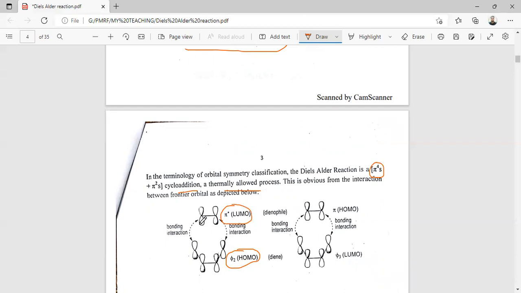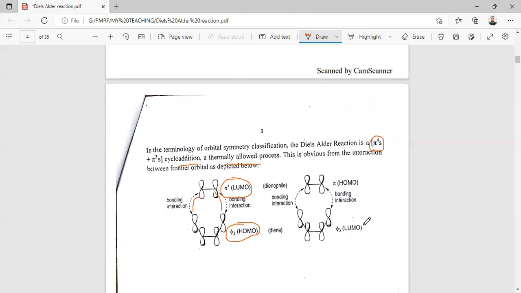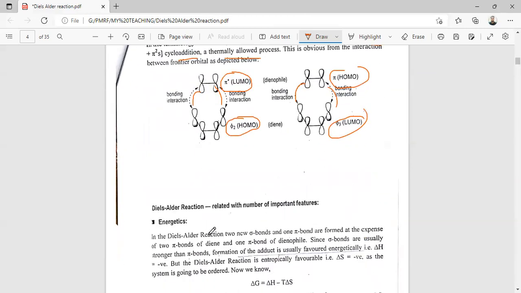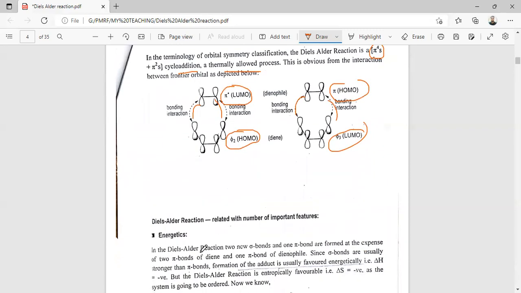This is a bonding interaction, or it may be the LUMO of the diene and the HOMO of the dienophile, which here also is a bonding interaction. So this is the interaction between the diene and dienophile from the orbital point of view. Next we will discuss how the Diels Alder reaction is related to a number of important features.